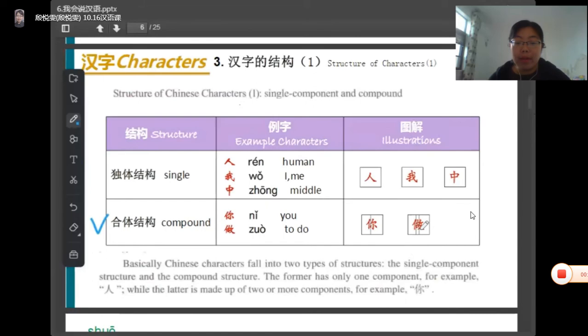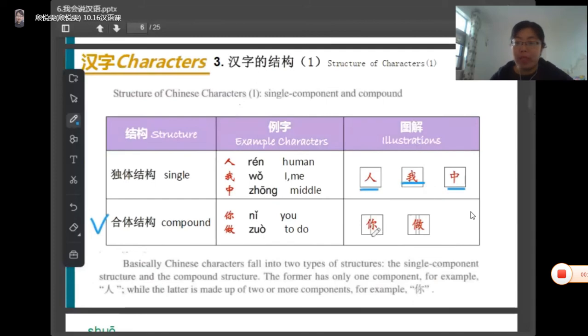The former has only one component. For example, 人, 中, only one component. Even 我 still belongs to the single component characters. But the latter is made up of two or more components.